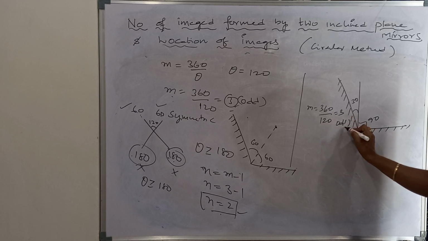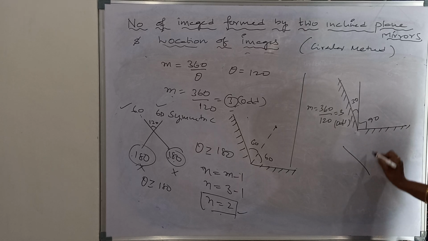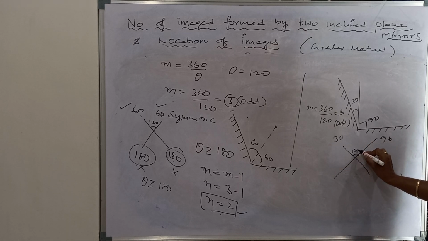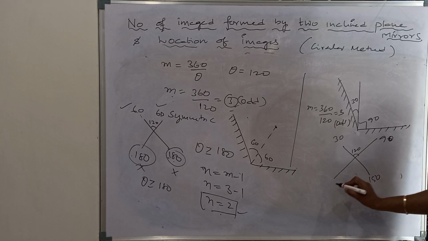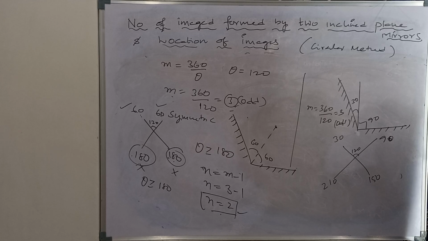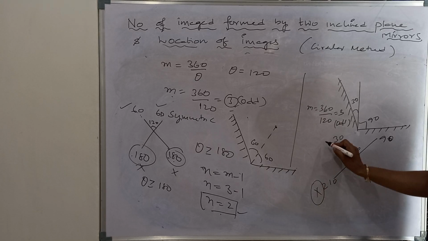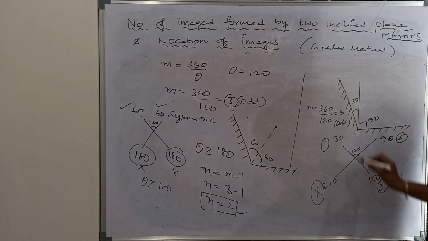It is odd, right? So in this case, what happens? Let us see. 30, this is 90. Total is 120, right? This one is 150. This one is 210, right? This is less than 180. This is greater than 180. Here no image is formed. So 1, 2, 3. So how many images are formed?